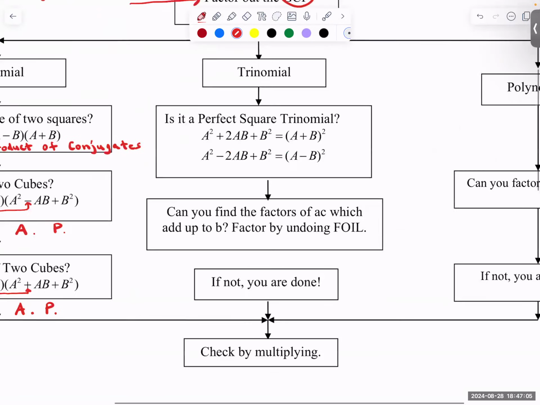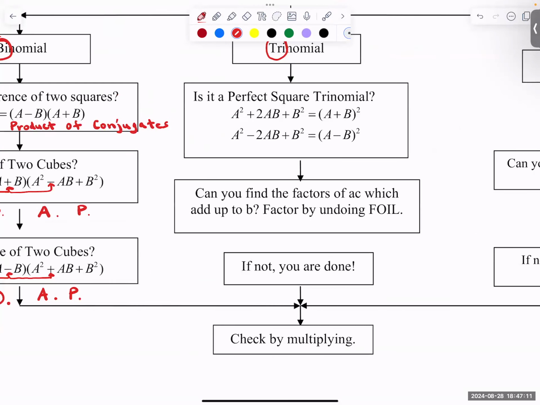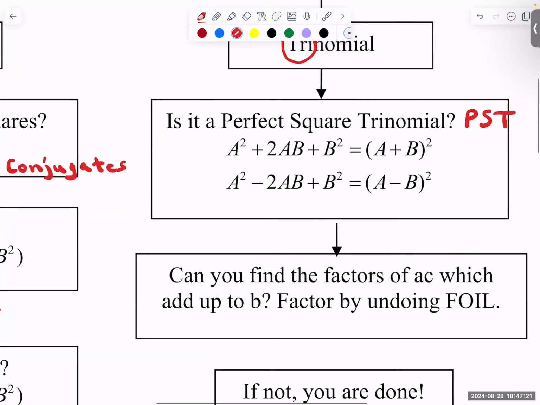If the polynomial has three terms, there's a trinomial. You look for special cases like a perfect square trinomial. We can abbreviate that PST for perfect square trinomial, where the first term is a perfect square, the third term is a perfect square, and the middle term contains plus 2.